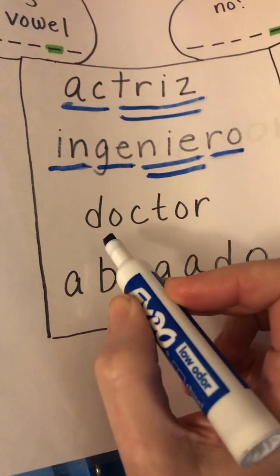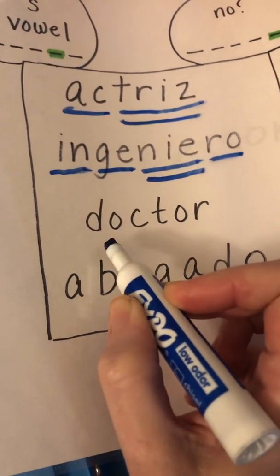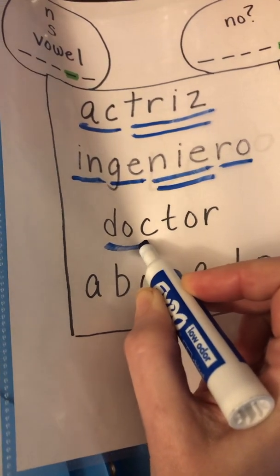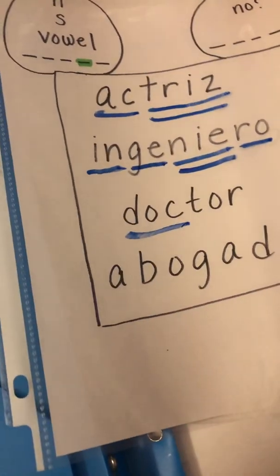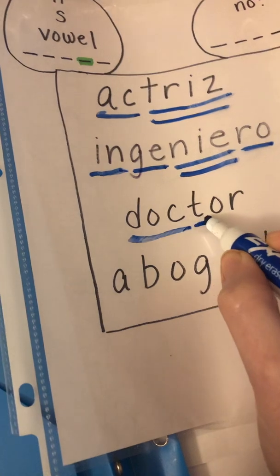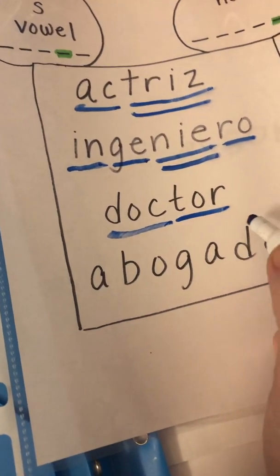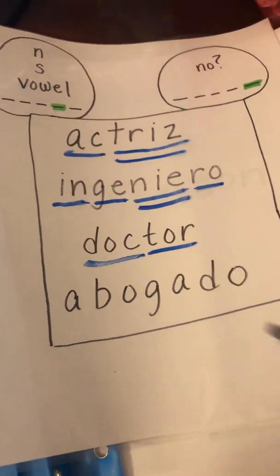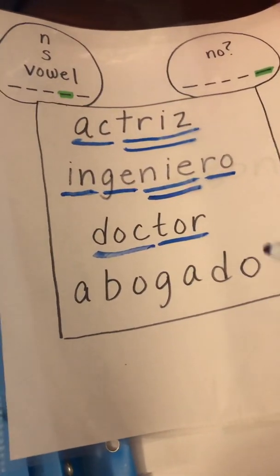Okay, going to the next word. Can we end with a vowel on this one? We cannot, because again we have a CT. And then of course the last one, we have to grab that R because we don't have anything after it. So now which syllable gets the emphasis? Well, what does it end with?